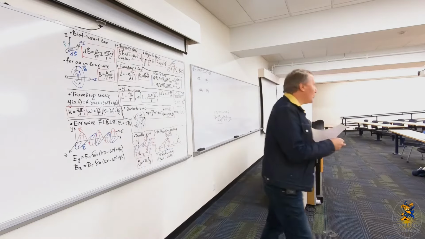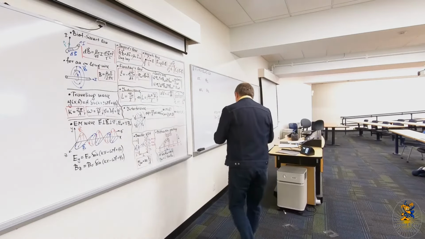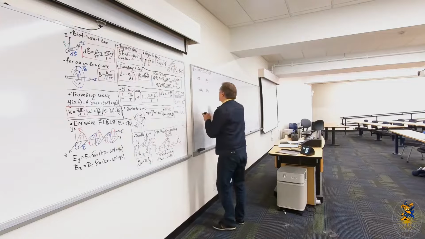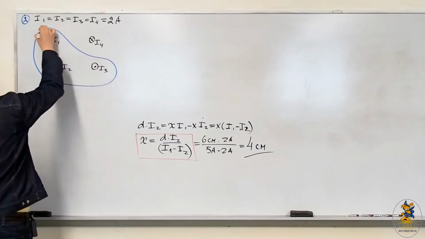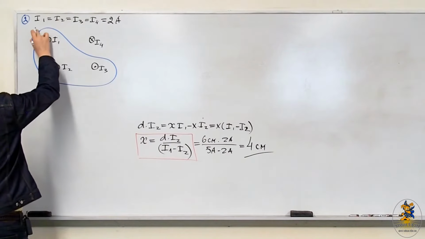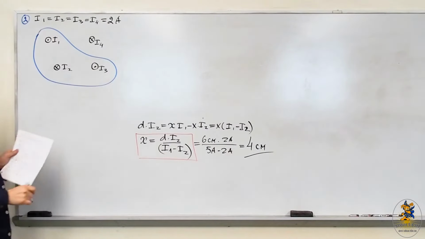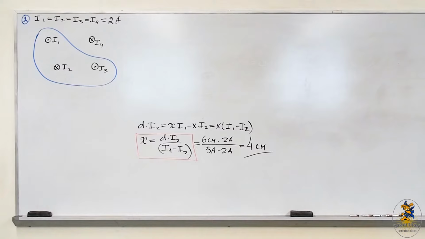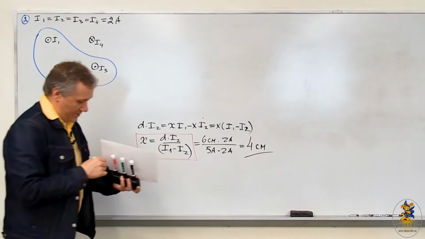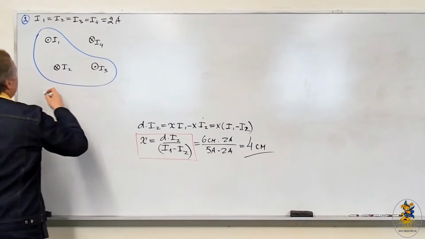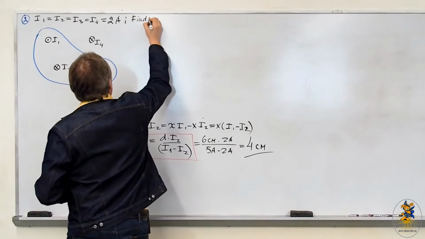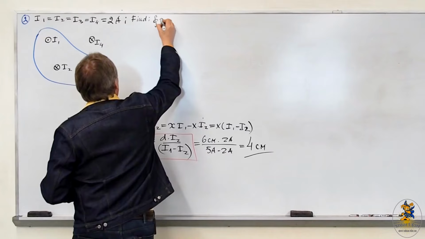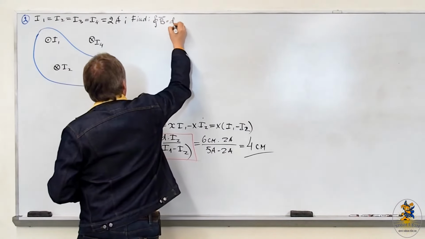Then let's assume that we take this closed loop. Oops, we need to close it. And we need to calculate this integral. So we need to find the integral of B dot ds.